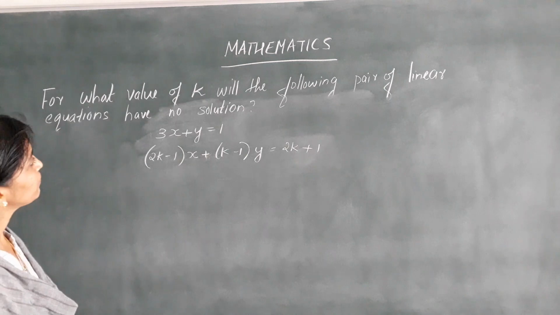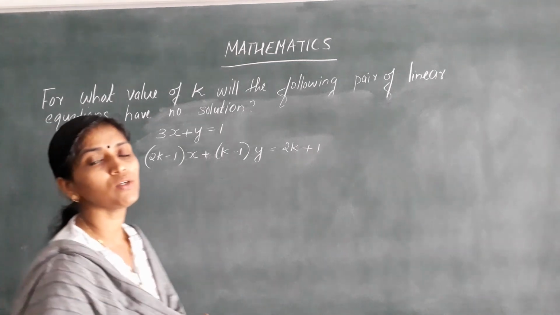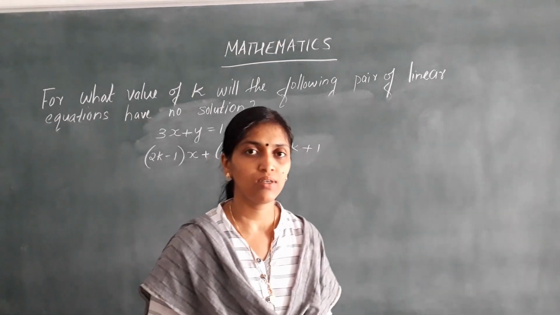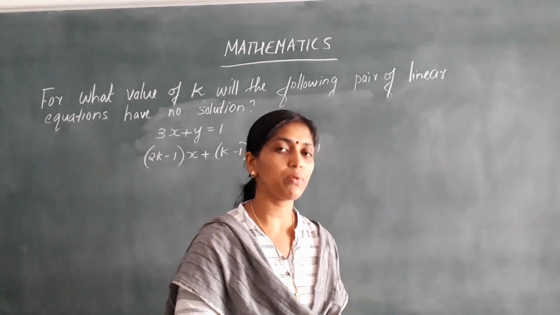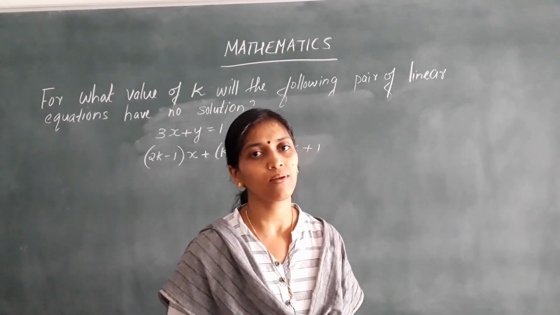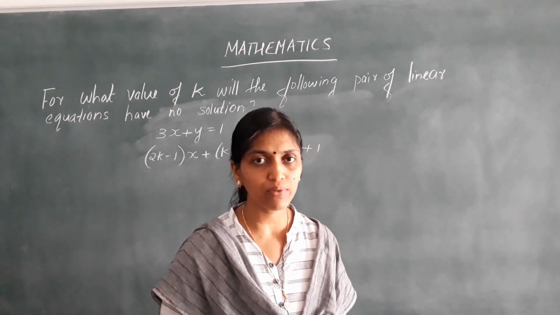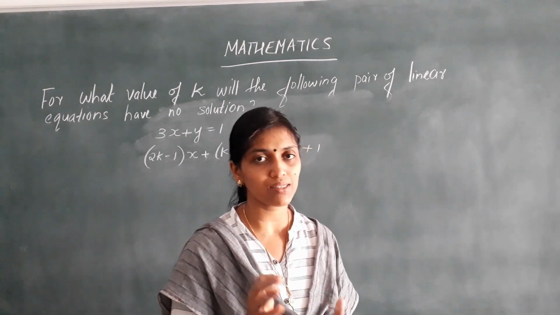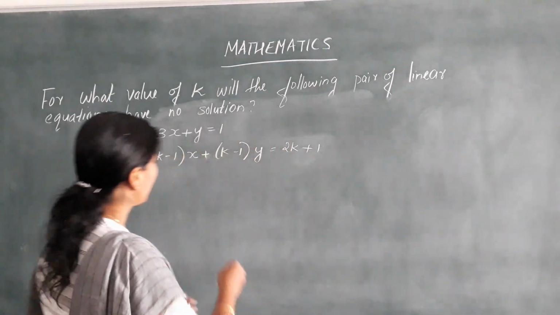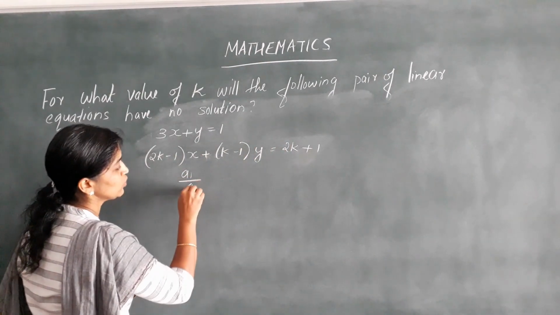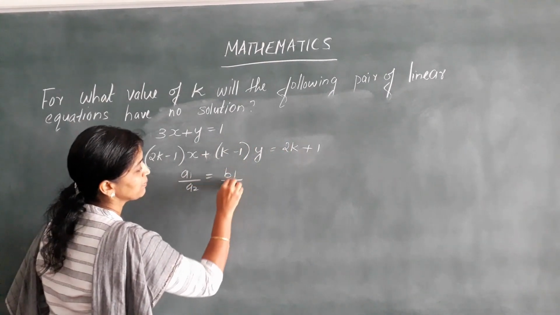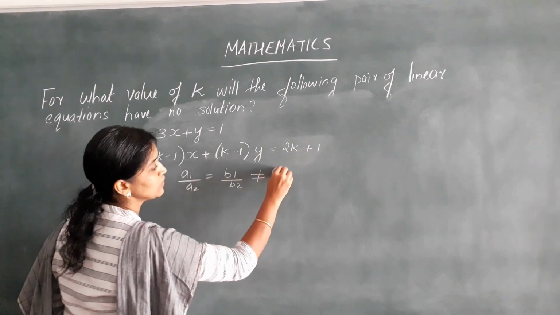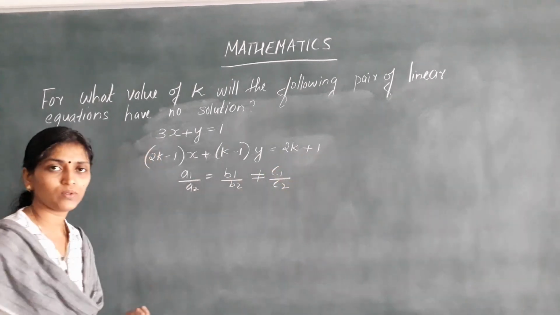Okay. So we know we are doing the problem by comparing the ratios. For the equations to have no solution, what was the ratio comparison? It is a1 by a2 equal to b1 by b2 not equal to c1 by c2.